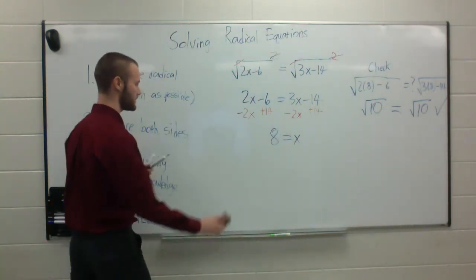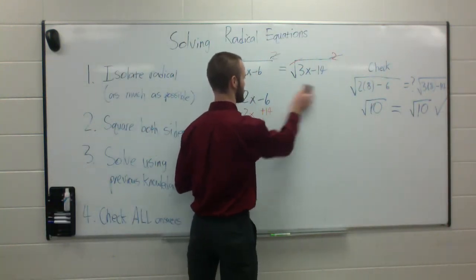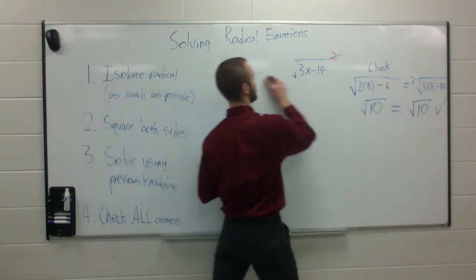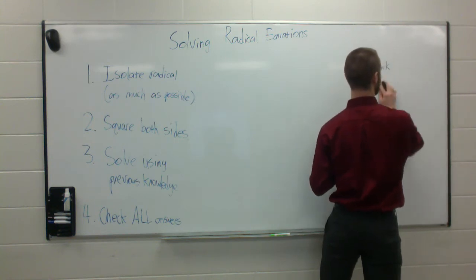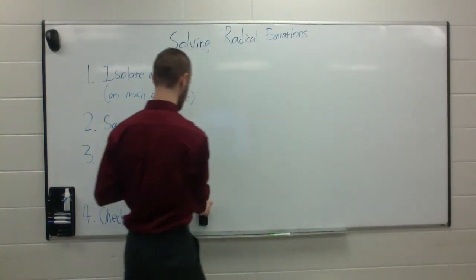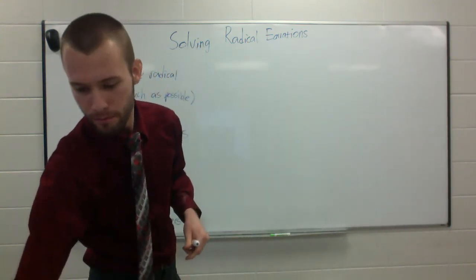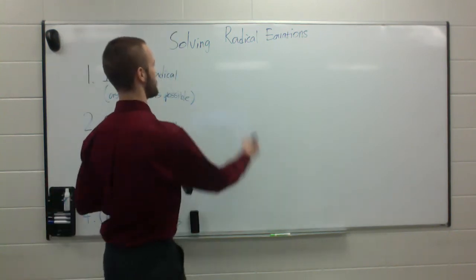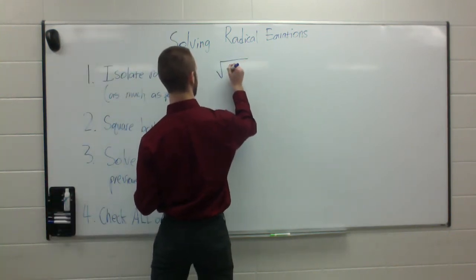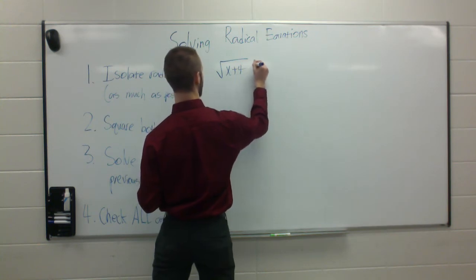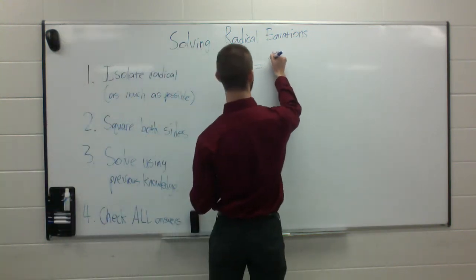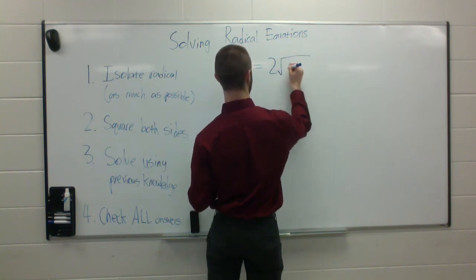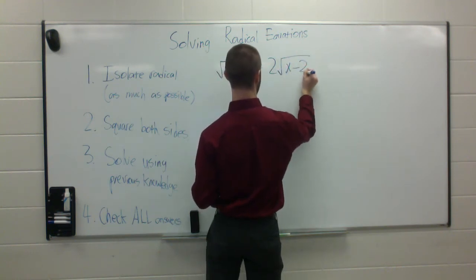Okay, let's do a slightly more complex example before jumping into a real complex example. So the square root of x plus 4 equals 2 times the square root of x minus 2.